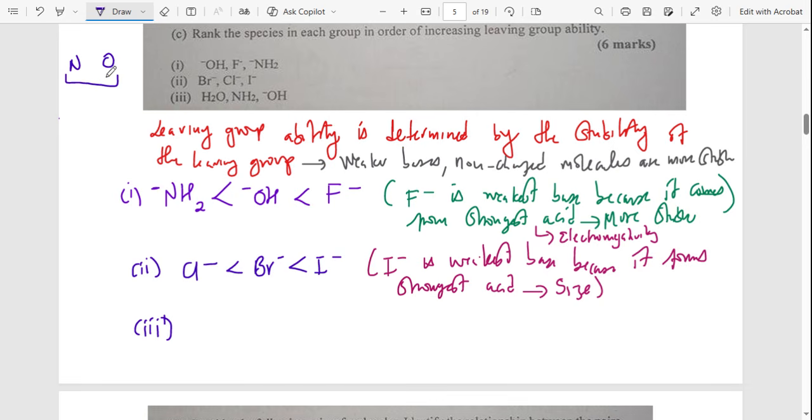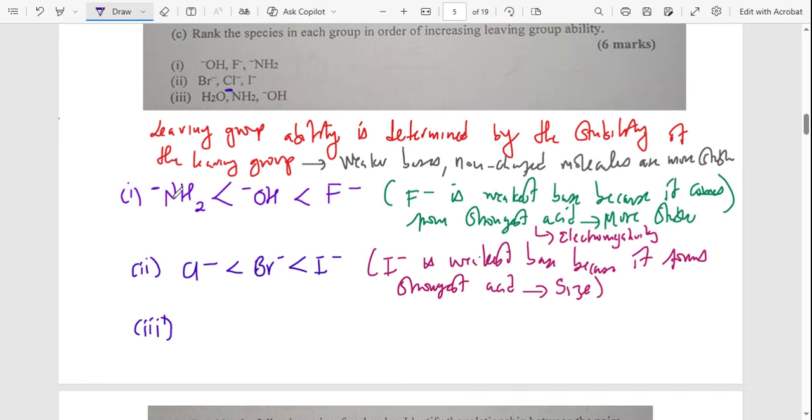So which one is more stable? Or which one is a much stronger acid? By the way, this compound is supposed to have a negative charge because you can't have any NH2 having no charge. It's supposed to have a negative charge. Okay? Just like this one. So, meaning that we are going to compare the NH2 minus with the OH minus.